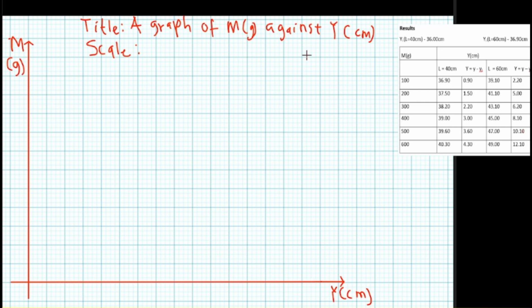So how do we go about the scale? The scale is about by how much I will be increasing, the interval.